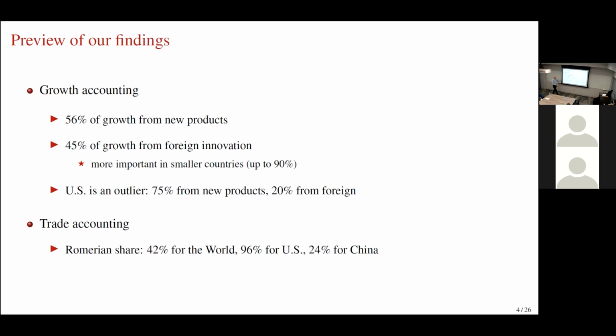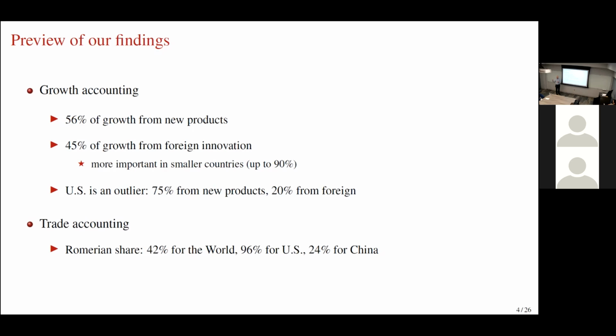And it differs in some of the details, like we're going to find the US is big at coming up with Romerian varieties, and also does most of its own innovation. So it's an outlier relative to most countries in the world. However, there's the other extreme. There are some small economies that get most of their innovation from abroad, say like Canada. One reaction we had to this, I should say, is that if 42% is Romerian, the US is like 96% of its exports look Romerian to us, look like it's introduced something new to the world.